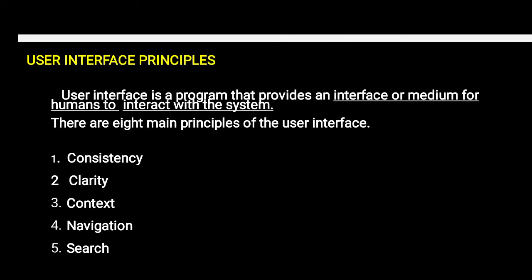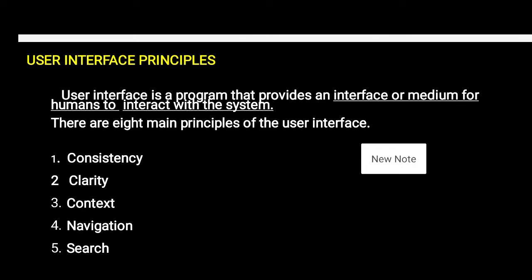User interface principles. Here user interface is a program that provides an interface or a medium for humans to interact with the system. There are 8 main principles of user interface.